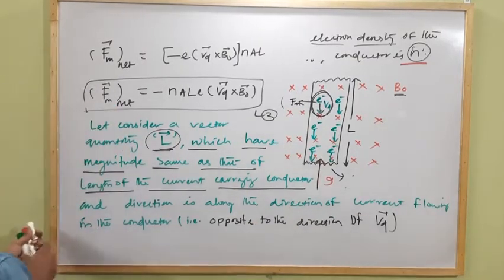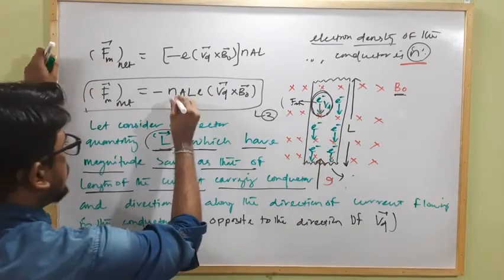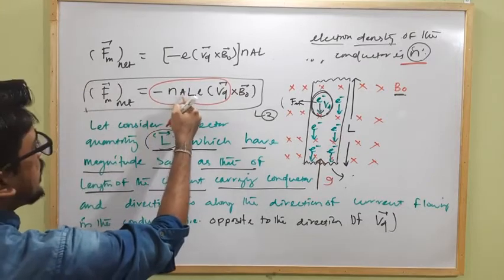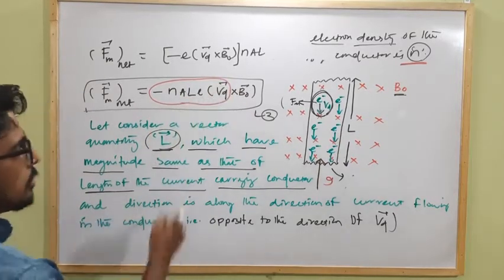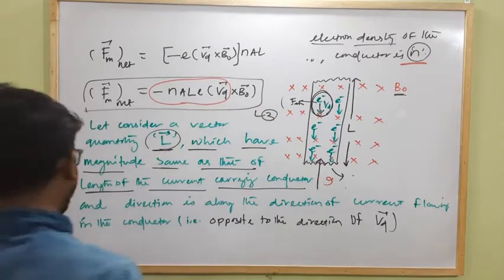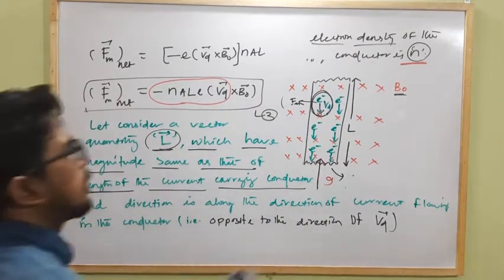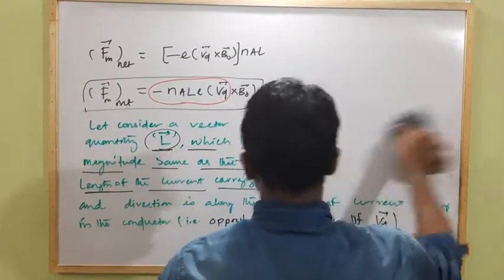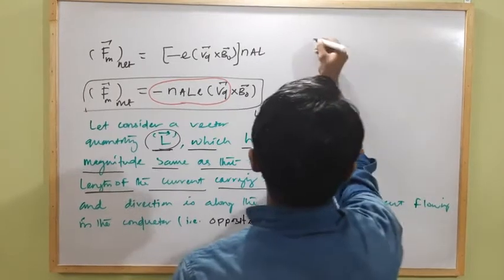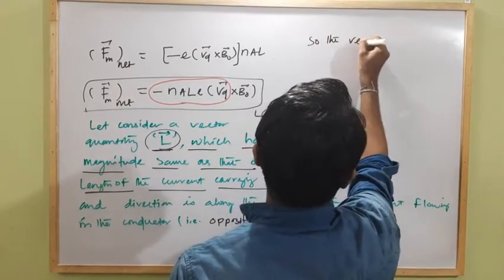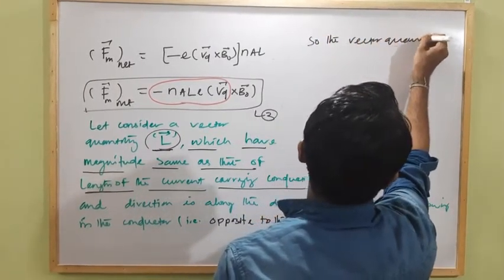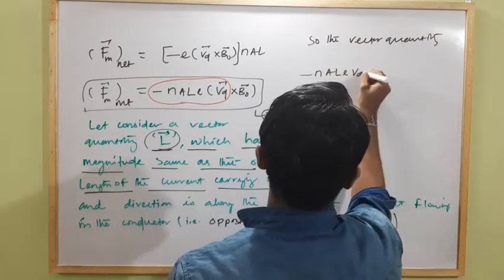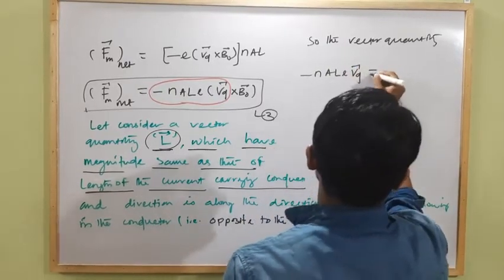So the vector quantity minus nALe Vd vector can be written as how much?